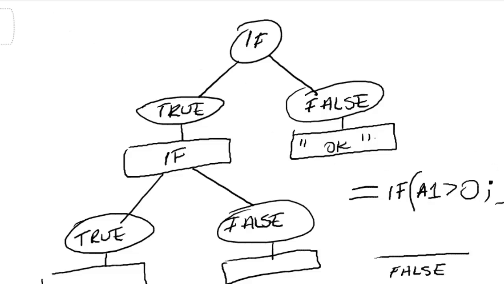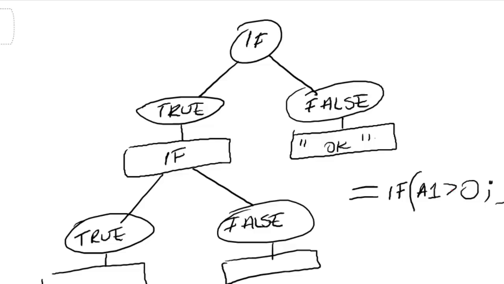But what happens if the true condition is another condition? Okay? In our case, the true condition is another if. Okay?